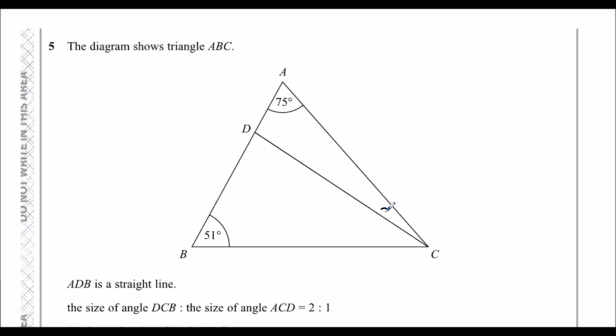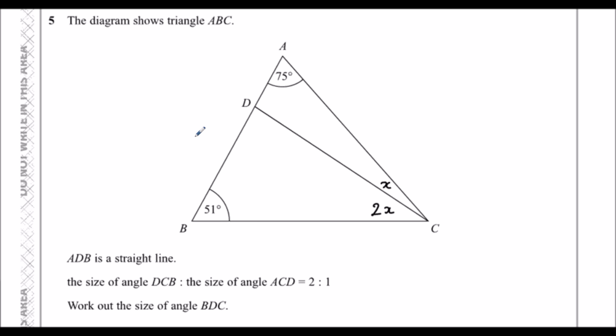We can call the small angle x, and the bigger angle that's twice its size, that's 2x. Work out the size of angle BDC. BDC, we're working out, this is our unknown angle up here. So we can find out what x is first by using the triangle ABC, the whole triangle.